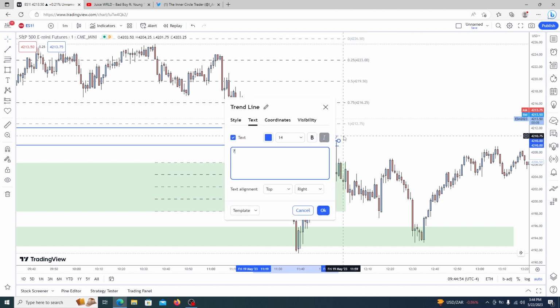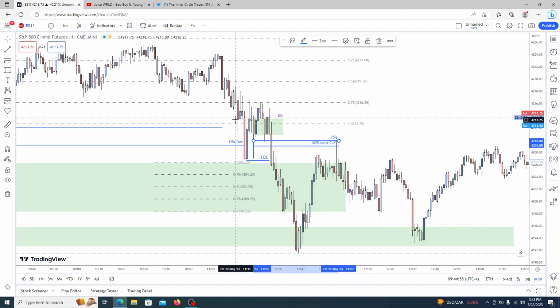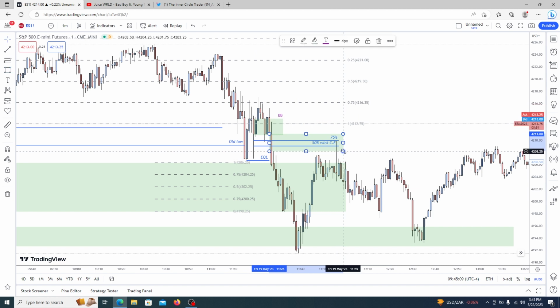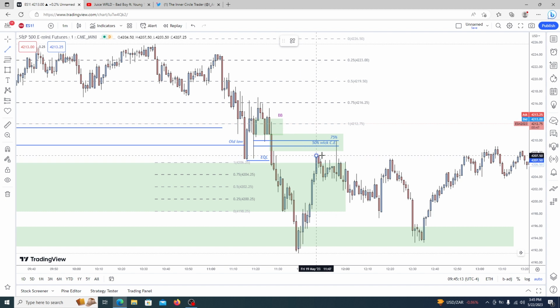And then you have the 75% level of that wick, which you could expect a rejection off of both of those points, overlapping with a fair value gap right over there, overlapping with stops that were taken right there.